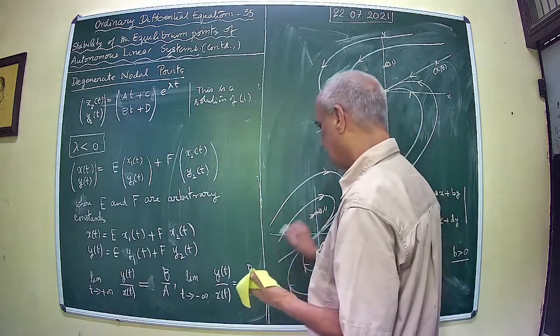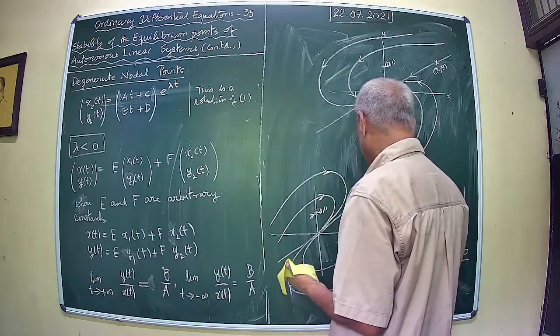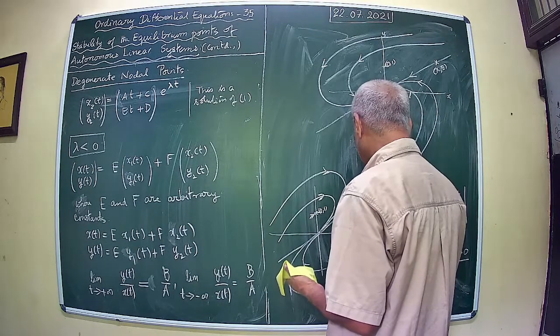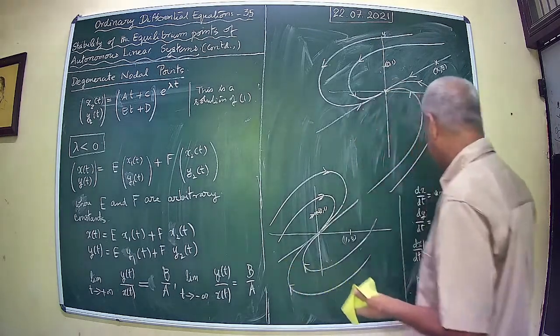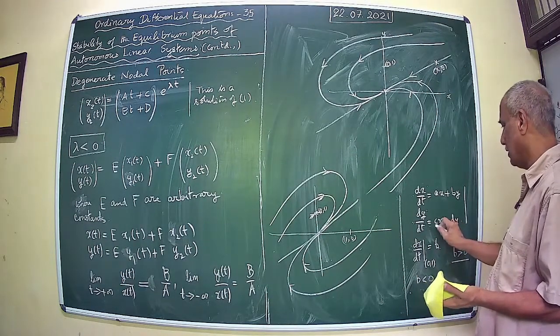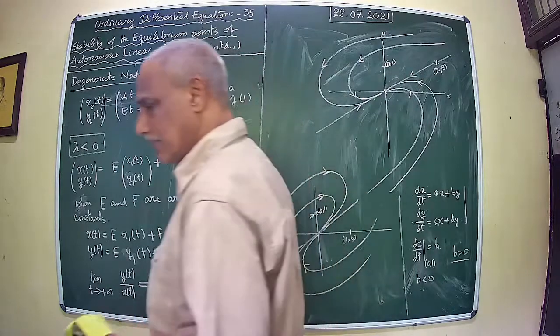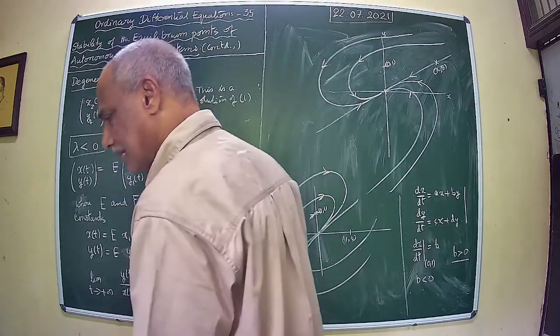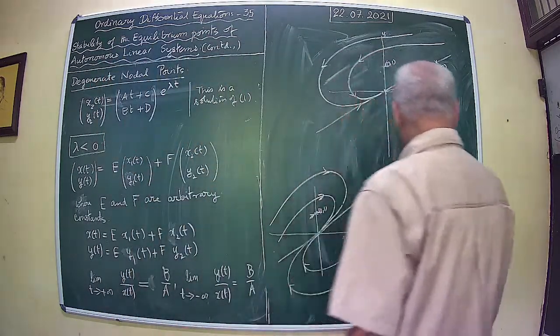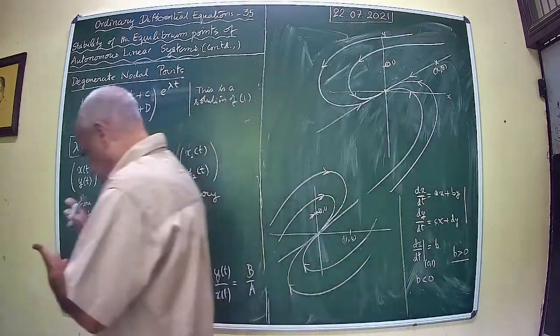Similarly here, you take the point (1, 0) and analyze dy by dt. dy by dt at (1, 0) is cx, so the sign of c is going to matter. You can show that the sign of c and the sign of b work in a coherent fashion.